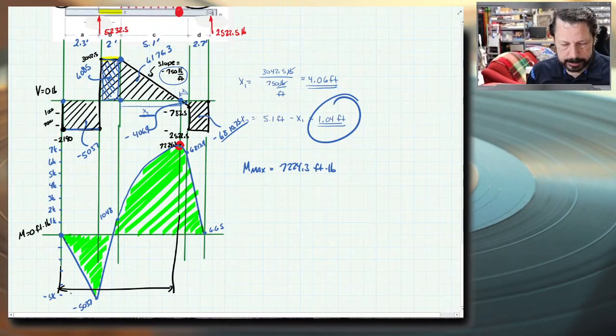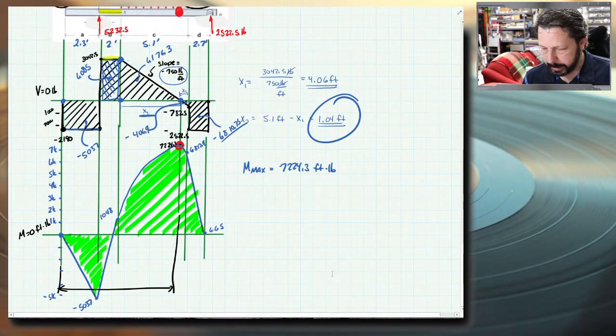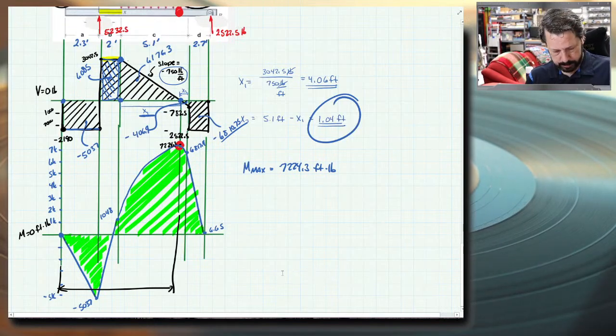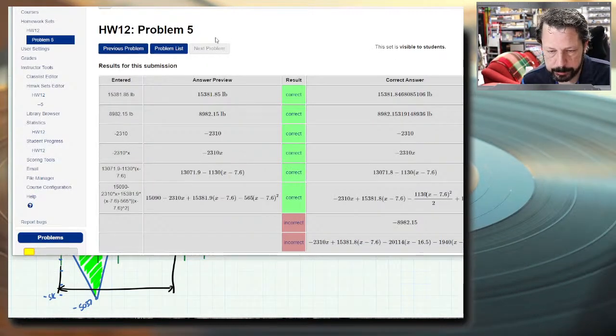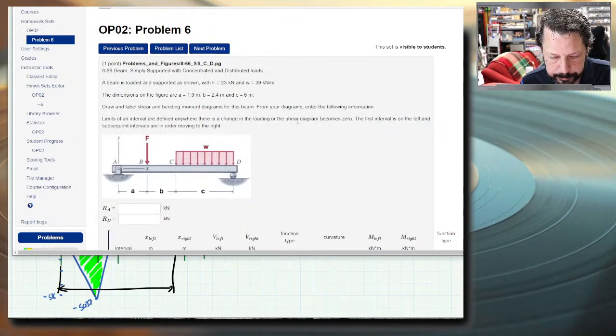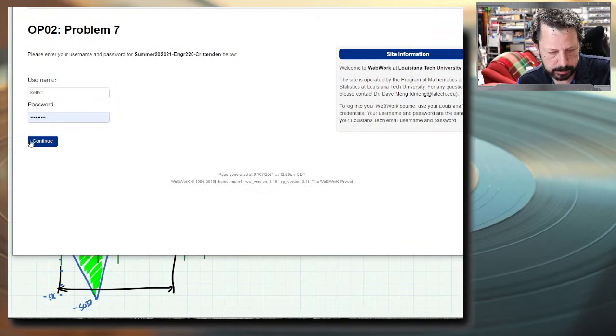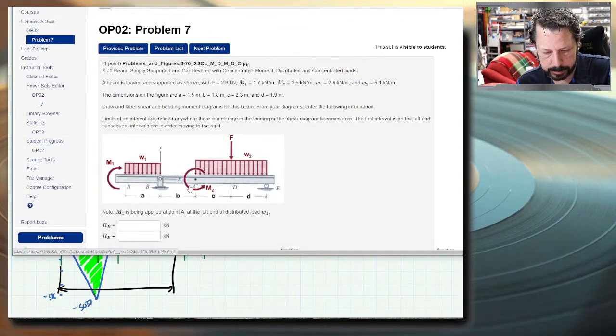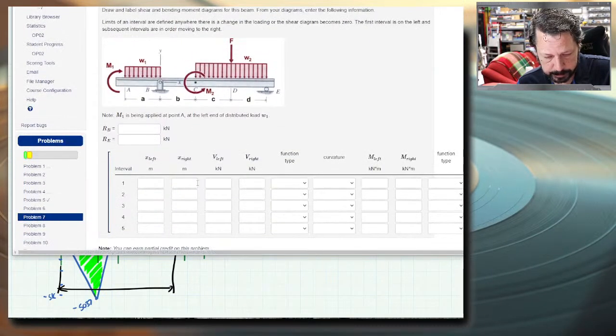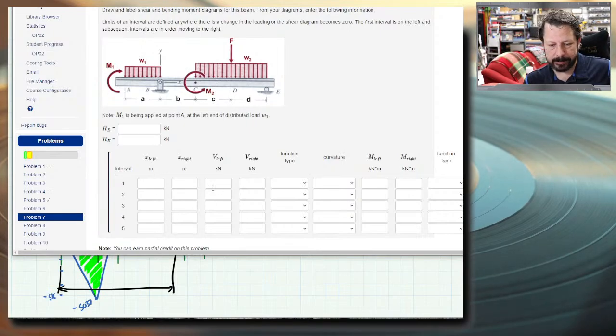All right, let's find one to work from scratch, and that should probably do it for today. Let me see. I had one, I thought. Oh no, that one doesn't have a bending moment on it. Let's find one that has a bending moment, so that we get to use one of theirs. So in WebWork, this is how you draw a shear and bending diagram.